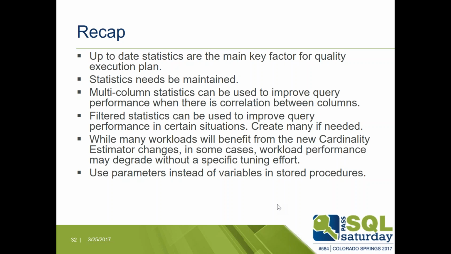So when your table gets larger, the data distribution will become not normal, basically. You will get skewed data distribution. Then the statistics histogram can't properly get an idea about your data. So that's why you need to have filtered statistics.